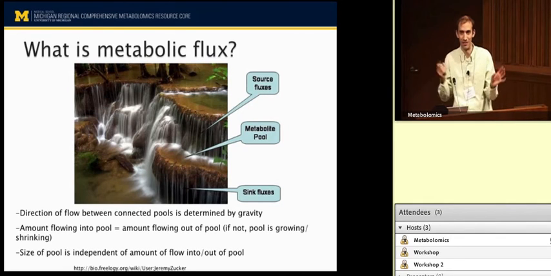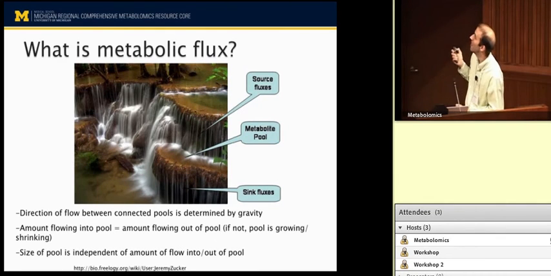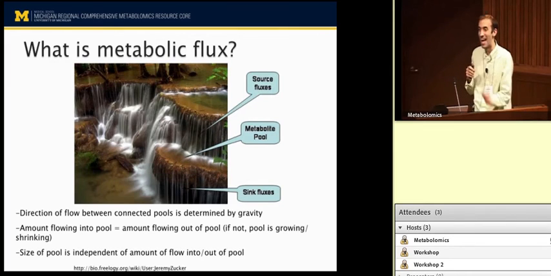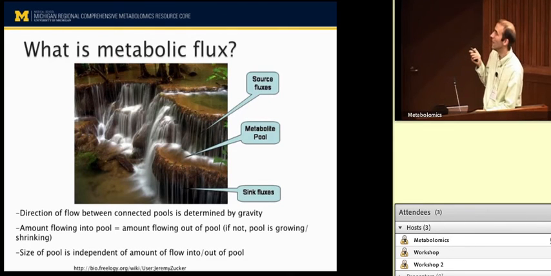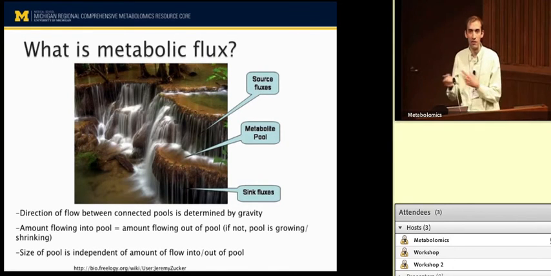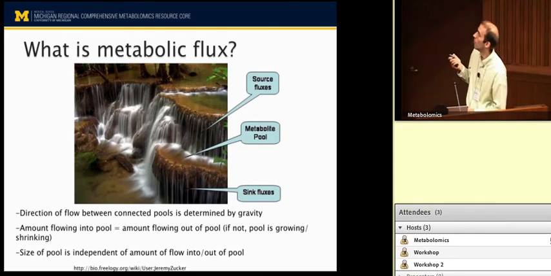Not a good idea for the environmental catastrophe that it would be, but on an analogy level, if you put some dye in that river and you watched and you waited to see how long it took that dye to move from pool 1 to pool 2 to pool 3, you would have some idea of the rate of flow. If you already knew the size of those pools, you would have some idea of the rate of flow between those pools, and you could watch where that dye moved.